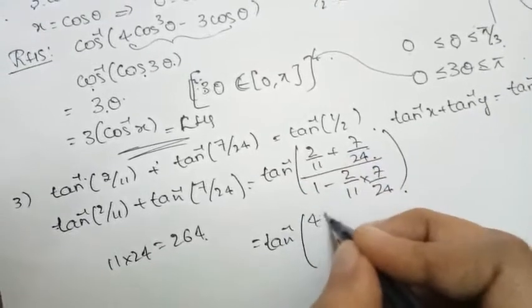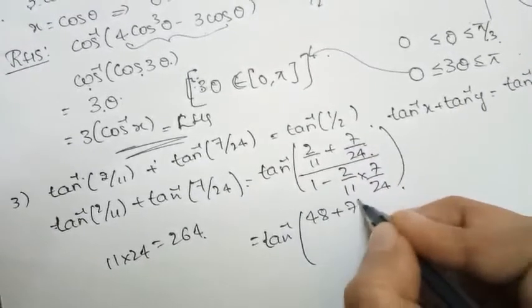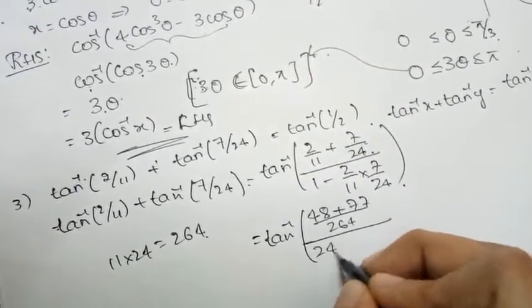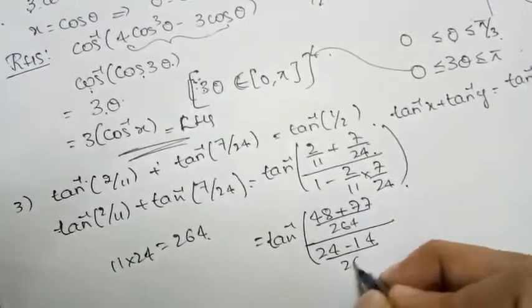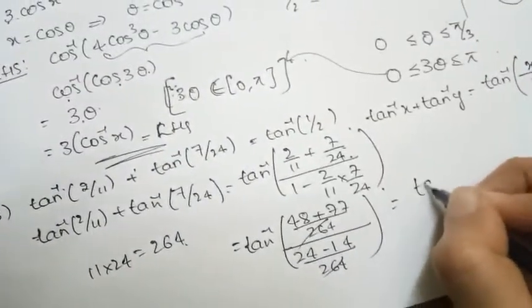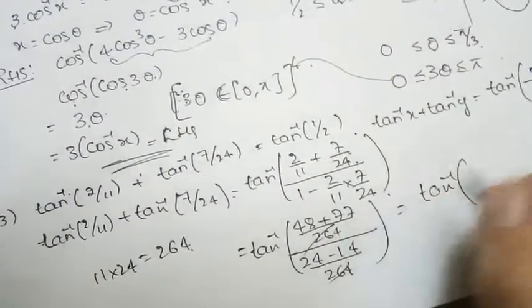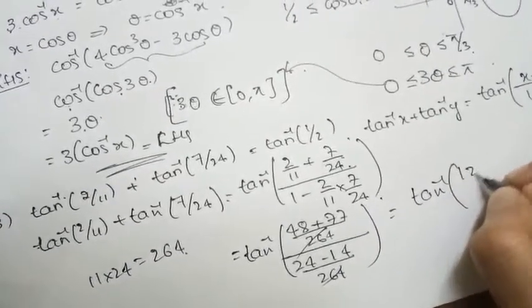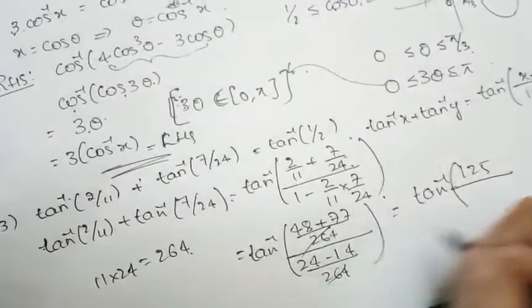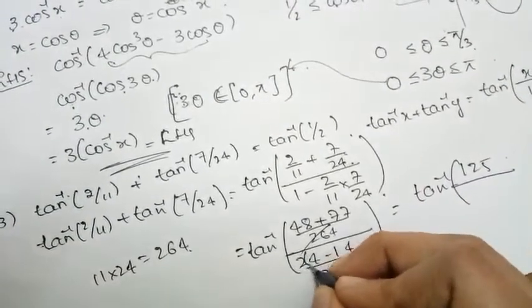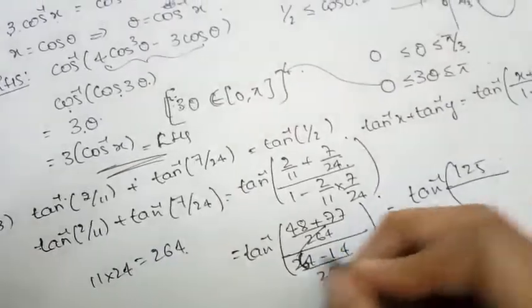So what happens here? (24 × 2 = 48) plus 77, divided by 264, divided by 264 minus 14, divided by 264, where 264 gets cancelled. So clearly tan inverse of 48 plus 77, which is nothing but 125, divided by 264 minus 14, sorry, it is 264, not 24, that was a mistake, correct it.